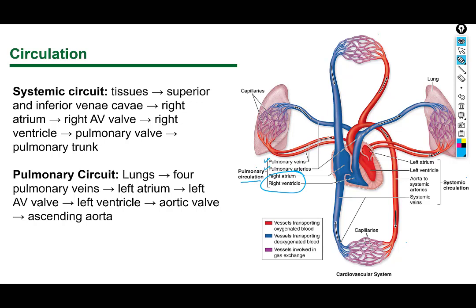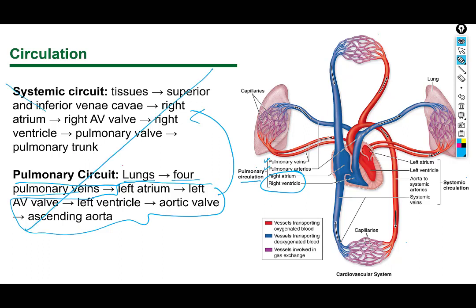If you look at the circuit labels over here, pulmonary circuit says lungs, veins, right? But then we get into the left heart, which should be up here. So just for now, until I fix them, ignore these because they're not quite accurate. They're a mixture between the two.